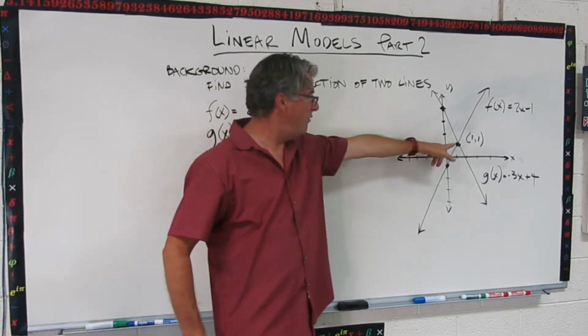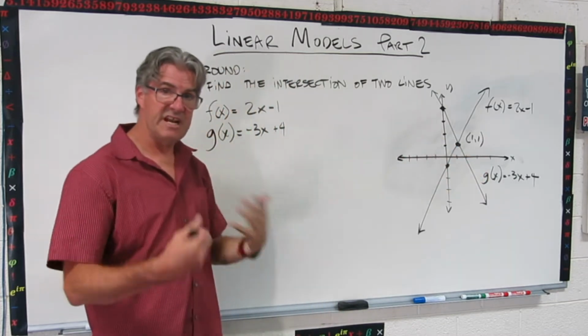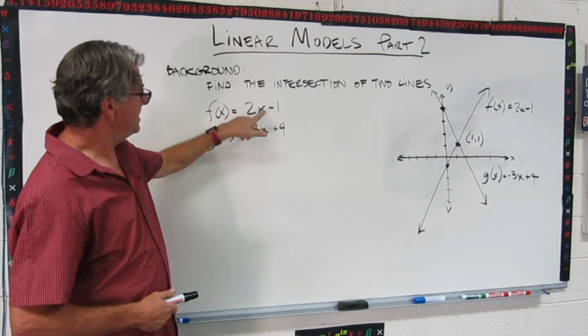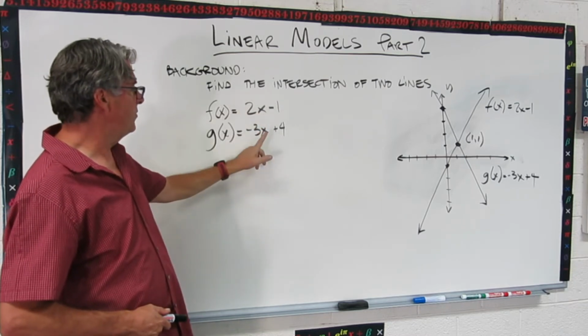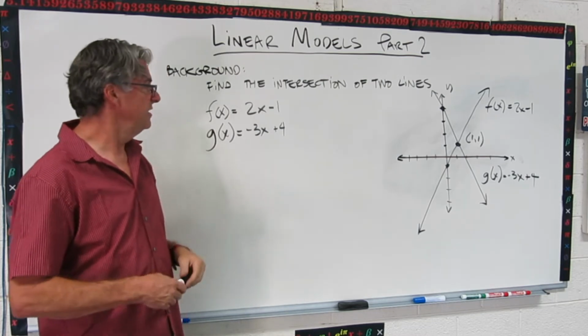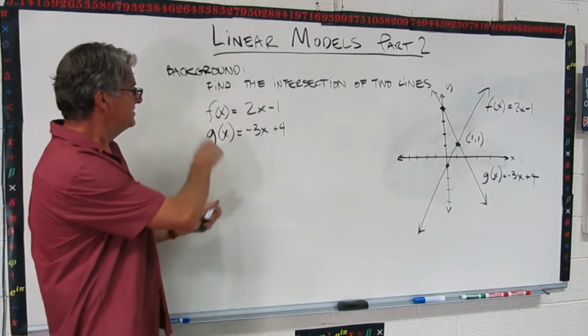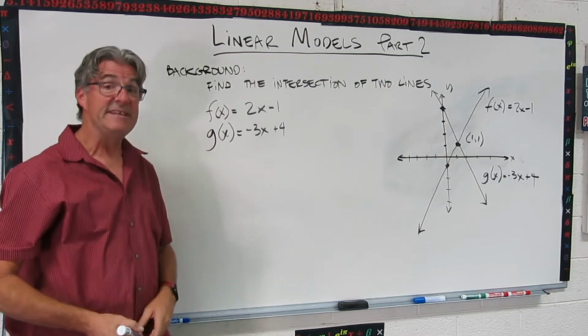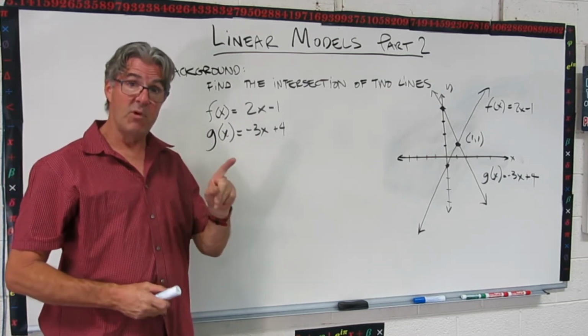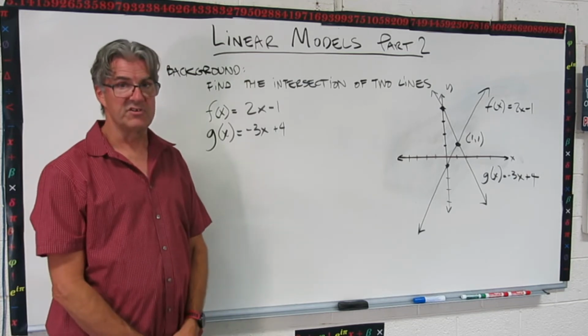That point is on both lines, so that point satisfies both equations. If you put in 1 here, you're going to get 1 out, and if you put in 1 here, you're also going to get 1 out. So that shows you that the point (1, 1) satisfies both these equations in the same way, and that's where they intersect. So we have one point that works for both functions.